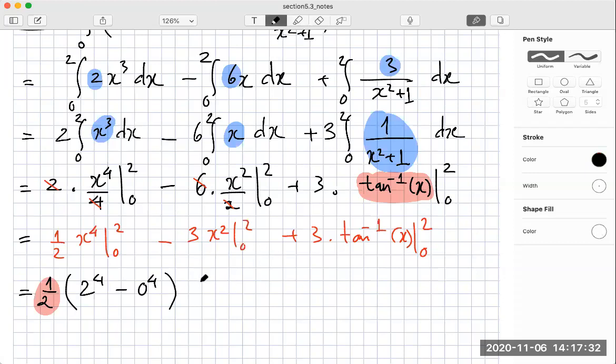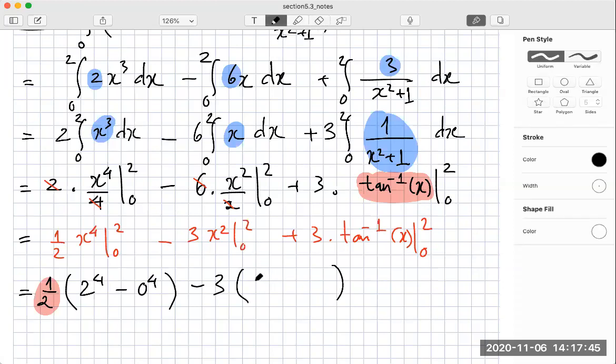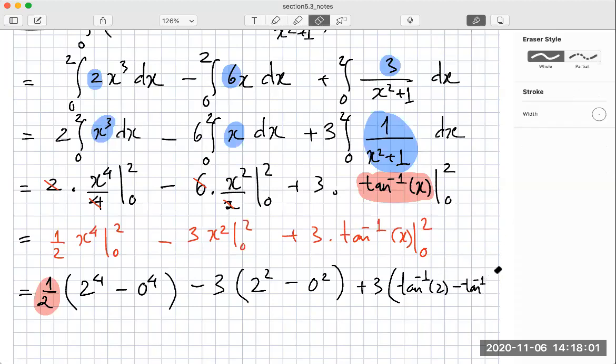The same story, it will be negative 3 and, was it here? Yes. 3 and inverse tangent of 2 minus inverse tangent of 0 here, right?